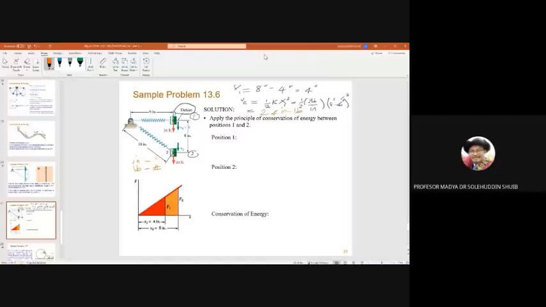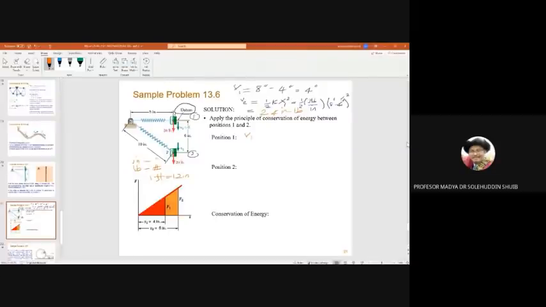One foot equal to 12 inches. Okay, and then you can apply the formula here.